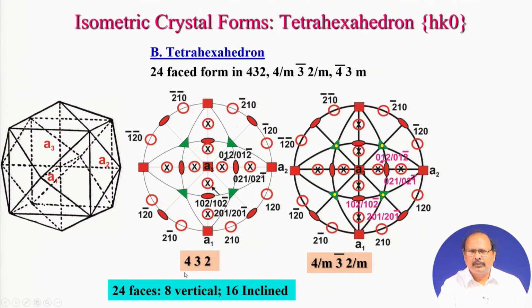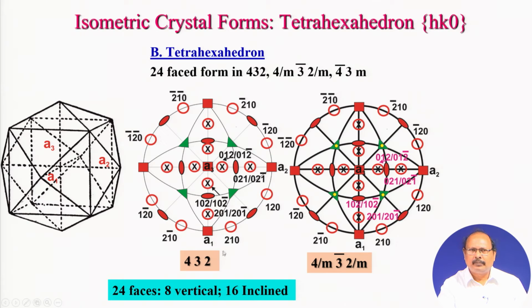Immediately you now know that the form, or the aggregate of crystal faces which are symmetrically related to each other, their number is a function of their inclination with respect to the axes, which is the form symbol, as well as the point group of symmetry present in that crystal system.